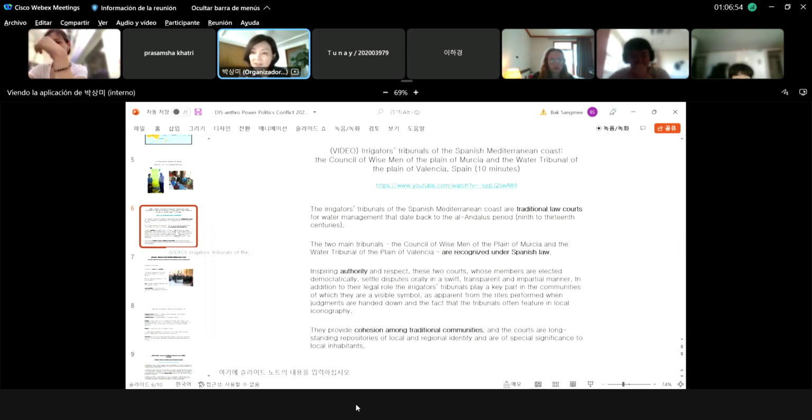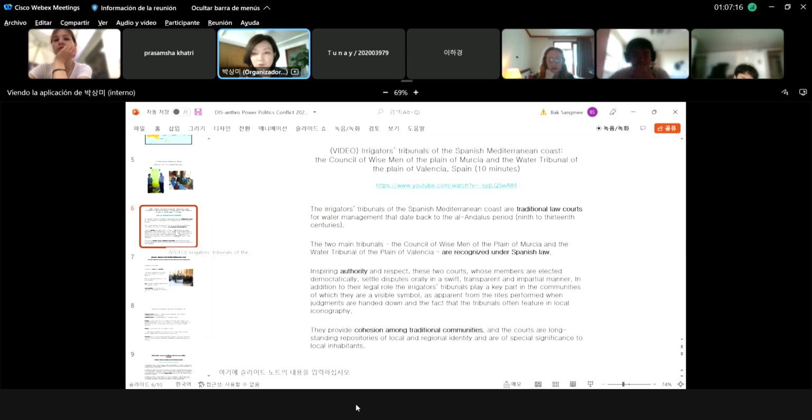So this is a very interesting case where under the national law, there is some locally particular legal system, inspiring authority and respect. Notice the word authority here. Okay, it's institutionalized, so this is a really good example of authority.